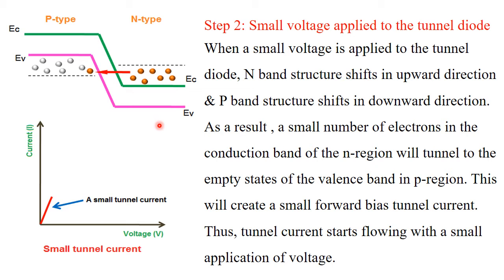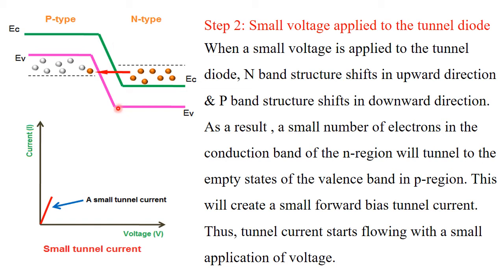Because of that, the N-type band structure starts shifting in an upward direction, and the P-type band structure starts shifting in a downward direction. As a result, the barrier potential starts decreasing, and the depletion region also decreases.